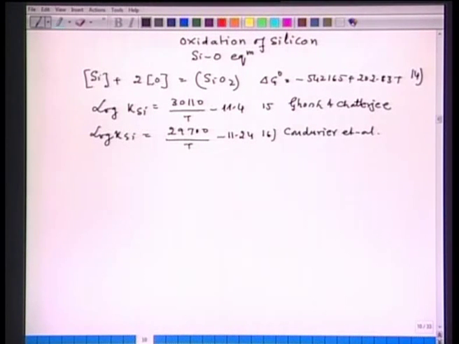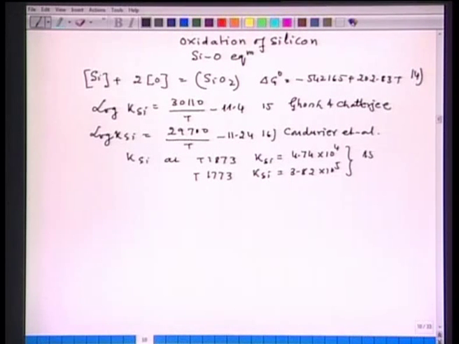So, now if I calculate K silicon at temperature 1873, then K silicon comes around 4.74 into 10 to the power 4, and if I calculate at T 1773, then I get K silicon equal to 3.82 into 10 to the power 5, and this is from equation 15.